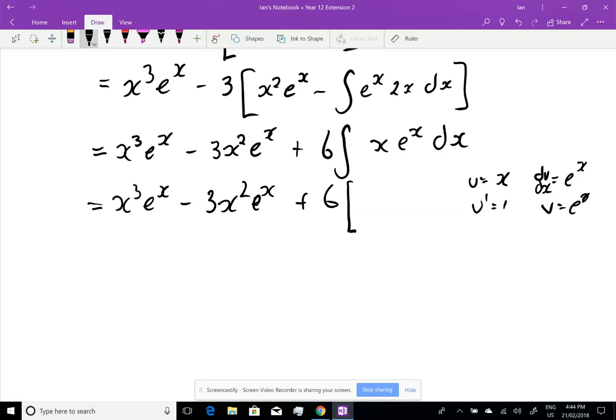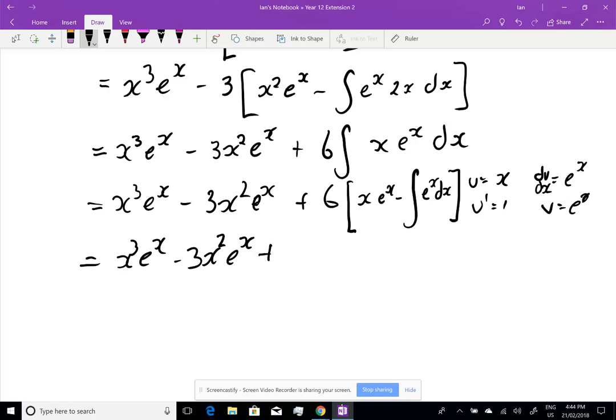So uv, so x times e to the x minus the integral of vu dash, e to the x dx. All right, so we've got it down now. So what have we got? x cubed e to the x minus 3x squared e to the x plus 6x e to the x minus 6 integral of e to the x dx.